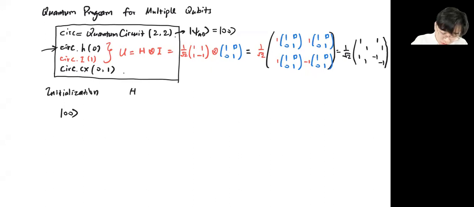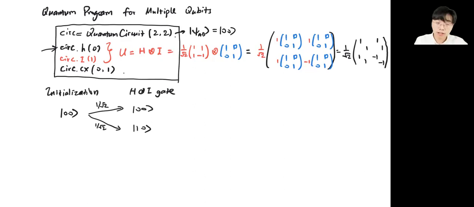So after the Hadamard tensor I gate, our initial quantum state psi is transformed to 0, 0, and 1, 0 with coefficients 1 over root 2. You can check this by verifying the following equality.